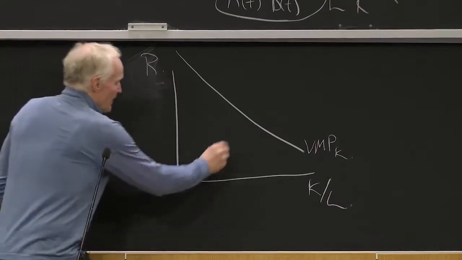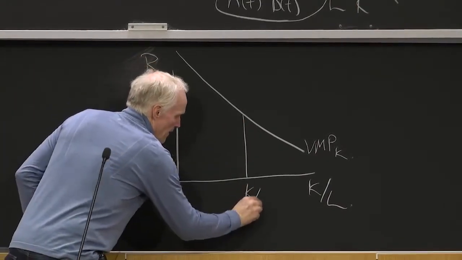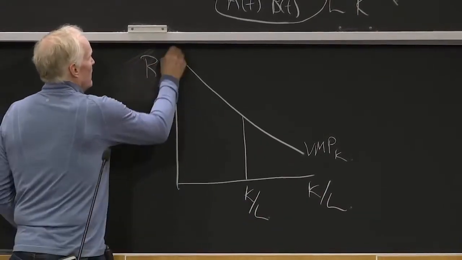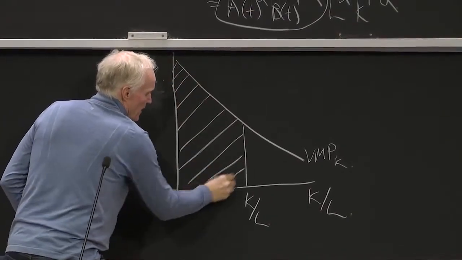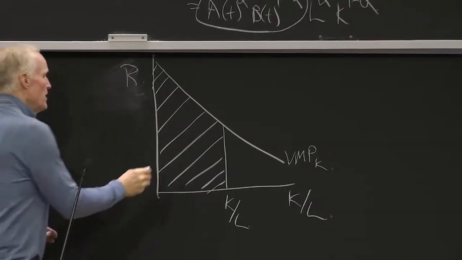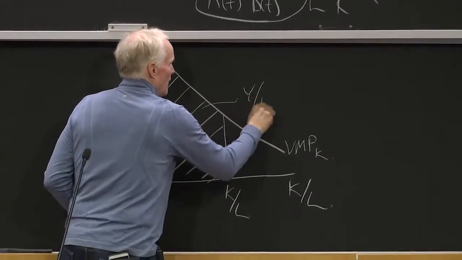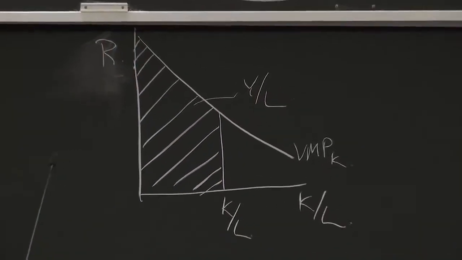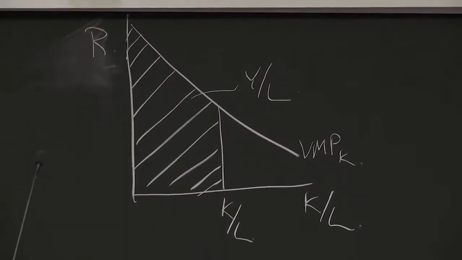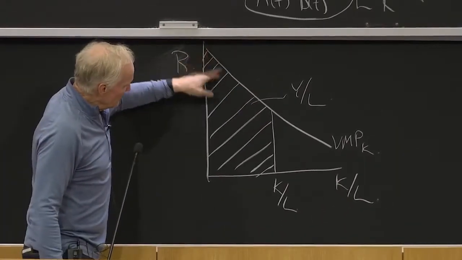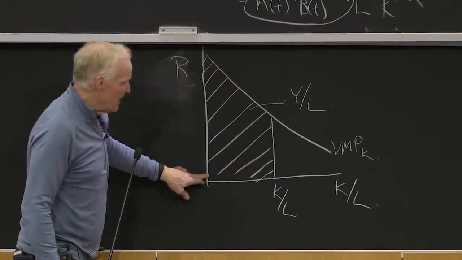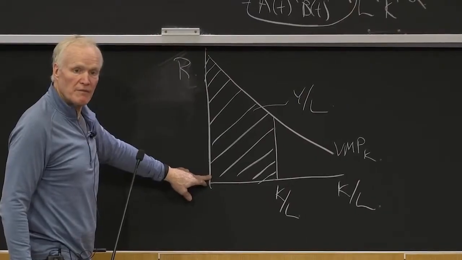Now, at a given level of K over L, this area is Y over L, right, because that's the total amount of output being produced per worker. This is the marginal product schedule of capital. The area under that demand curve gives me Y over L.